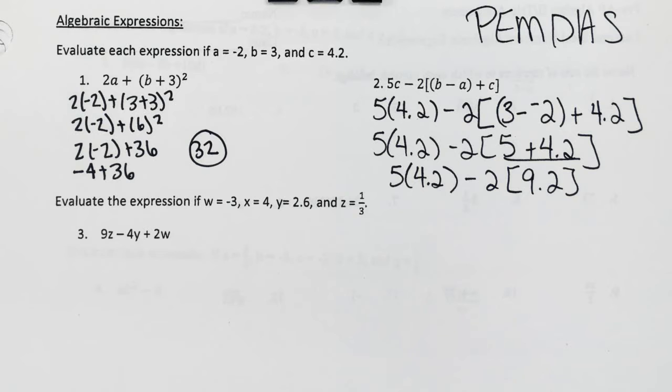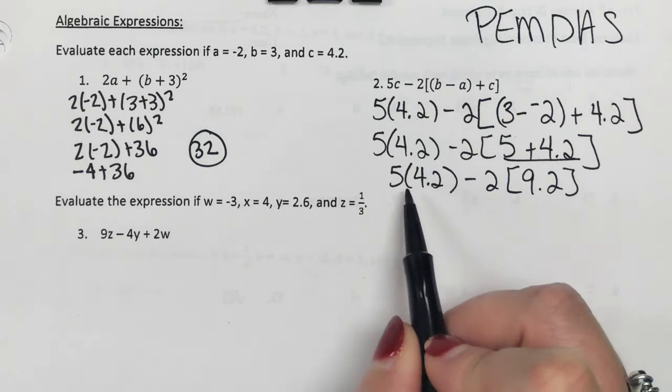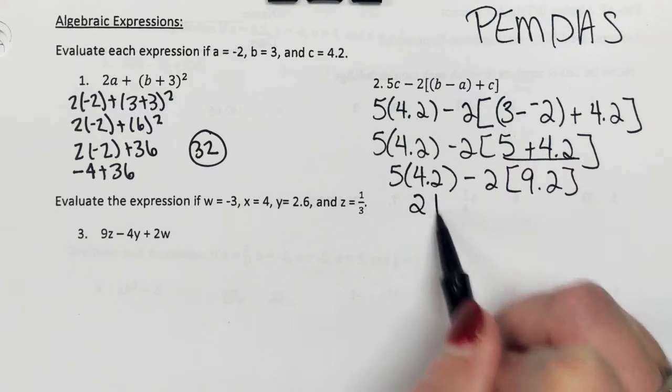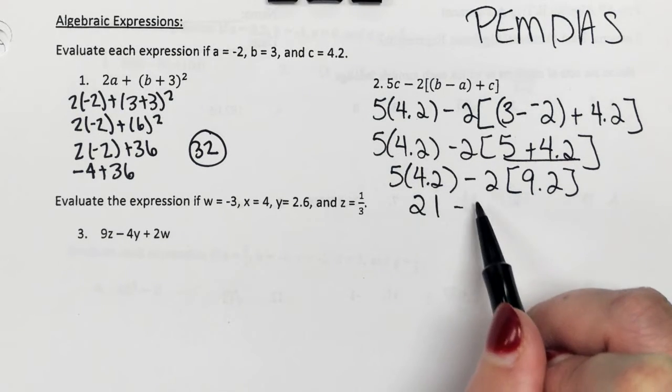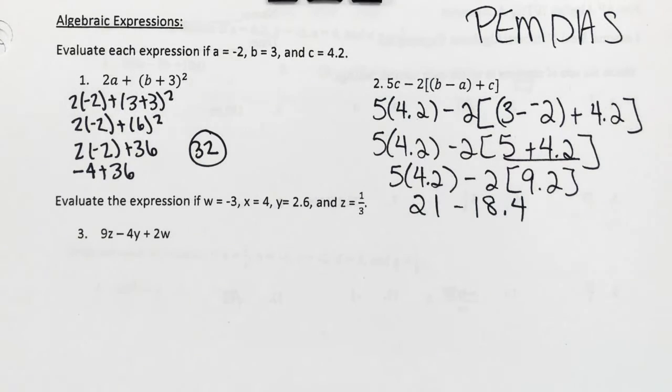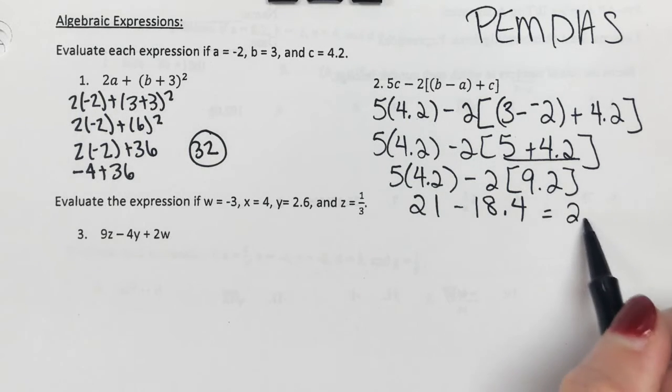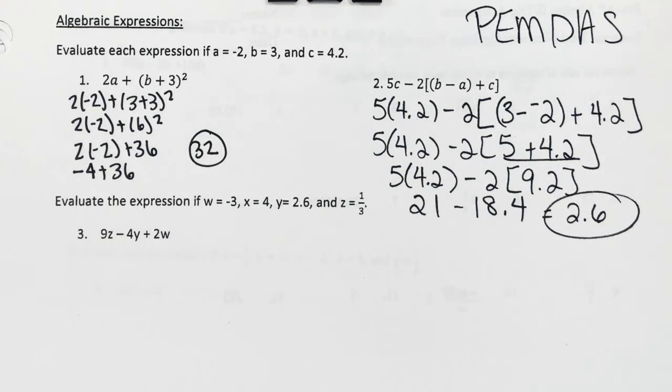Exponents, anything? No? Multiplication, anything? Yes. What's 5 times 4.2? Let's see, that's 21, right? Okay, and then 18.4. No division, no adding, but we got subtraction. So let's subtract those and you get 2.6. Very nice, y'all okay?